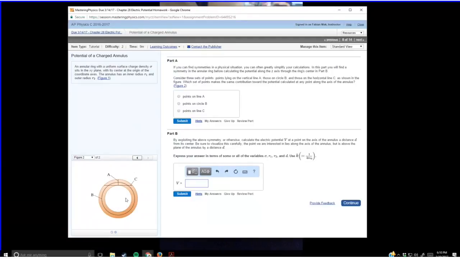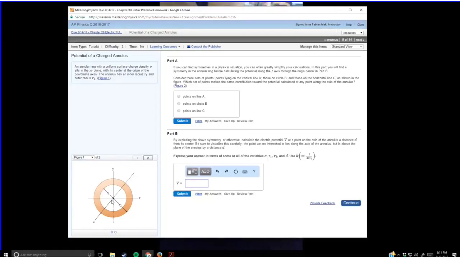The symmetry, we talked about this in class. We're looking for, as shown in the figure, which set of points makes the same contribution toward the potential calculated at any point along the axis of the annulus, essentially along the center. You're looking for points that are all equidistant to the center. Imagine the z-axis sticks out of the page, so x and y is the plane of the annular ring.